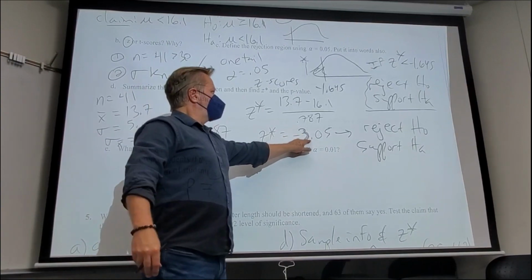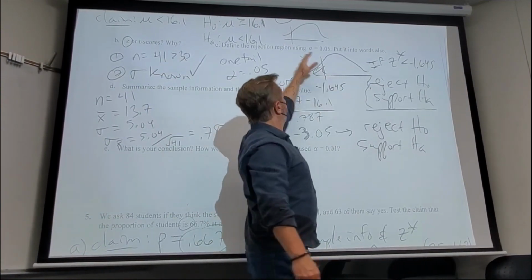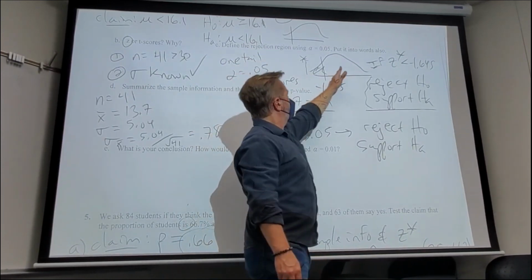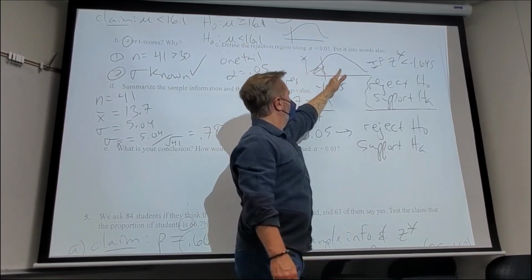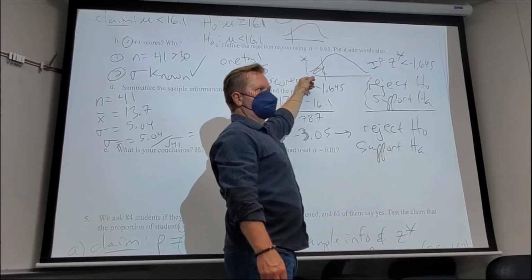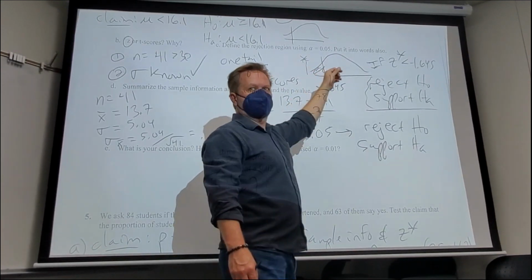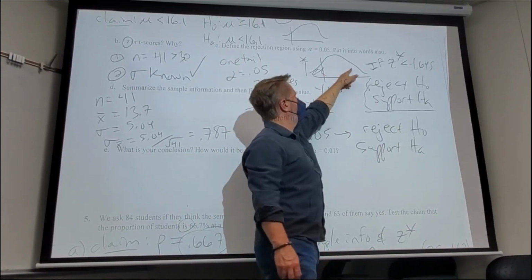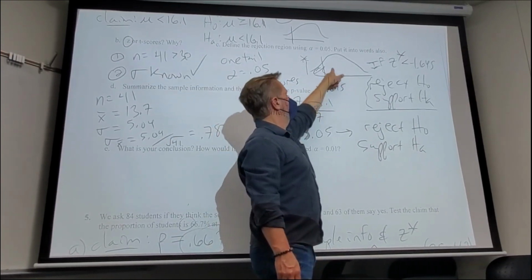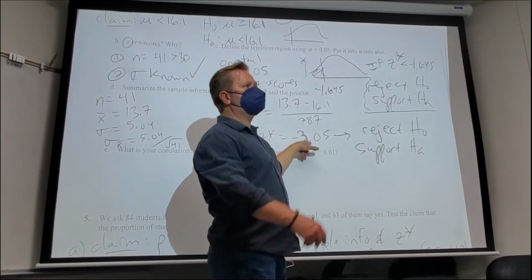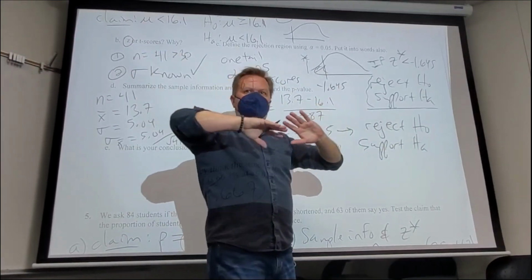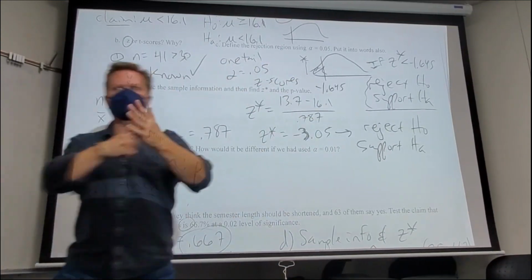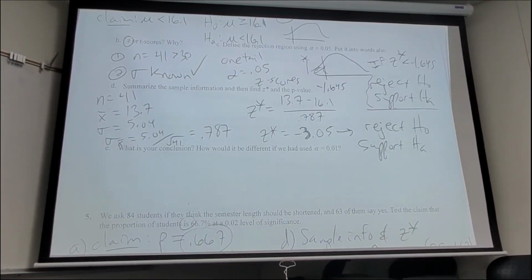So that's really good evidence that the mean isn't 16.1. It must actually be less than 16.1. If the mean really was 16.1, our sample should have been really close. Was our sample really close? No, it's over 3 steps down. That's crazy evidence against it being 16.1. So I can reject the null, support the alternate.